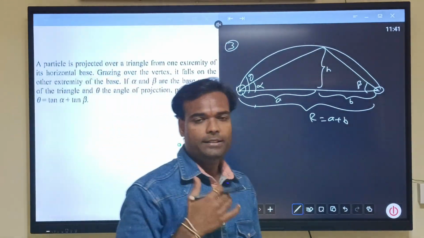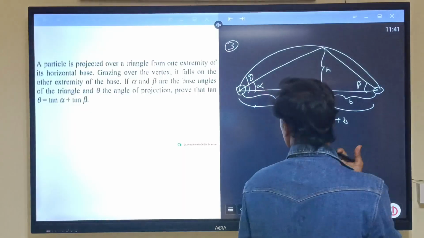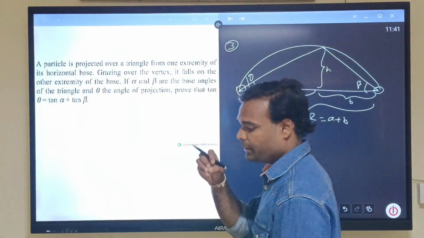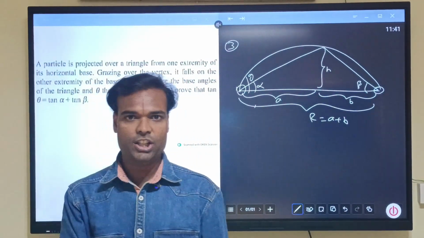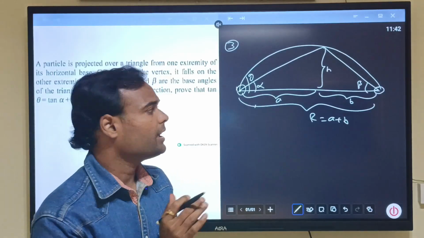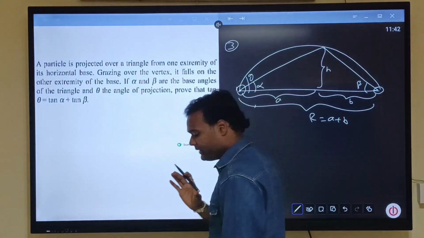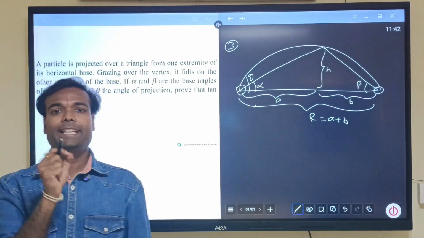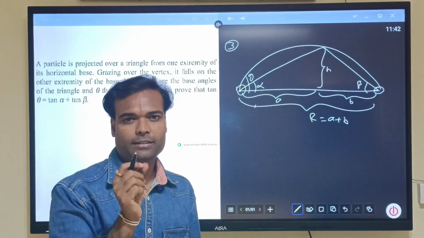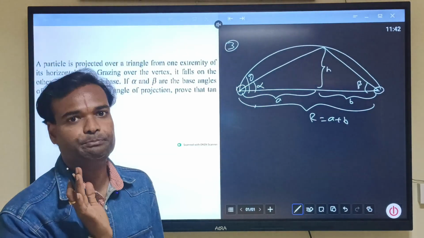We consider it as a free body diagram, or otherwise you can consider it as representation of a diagram from the question. It is one of the most important concepts, and you have to be very strong in this, then only you can easily solve the problem.